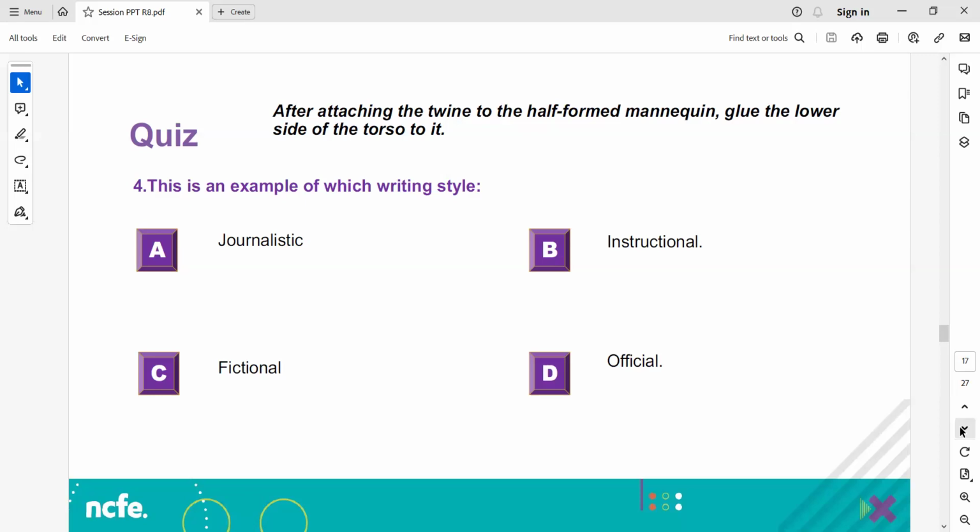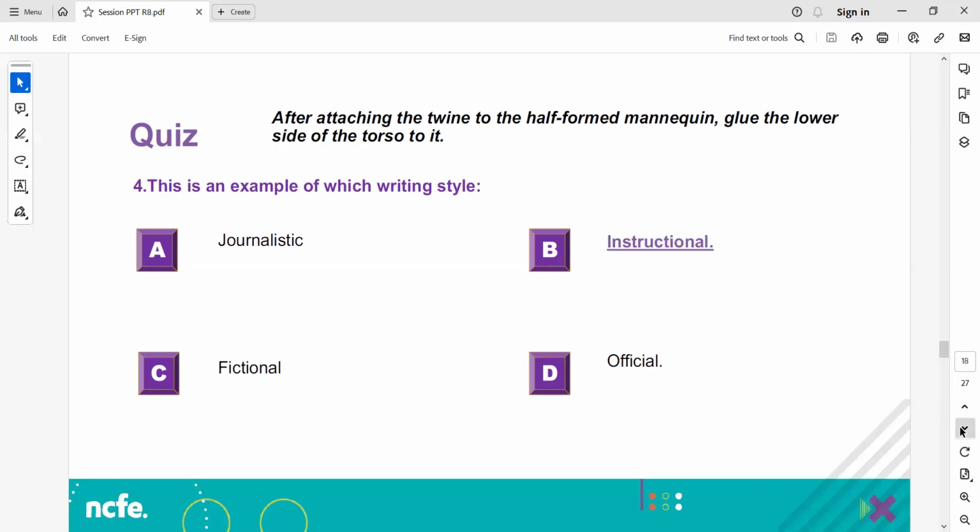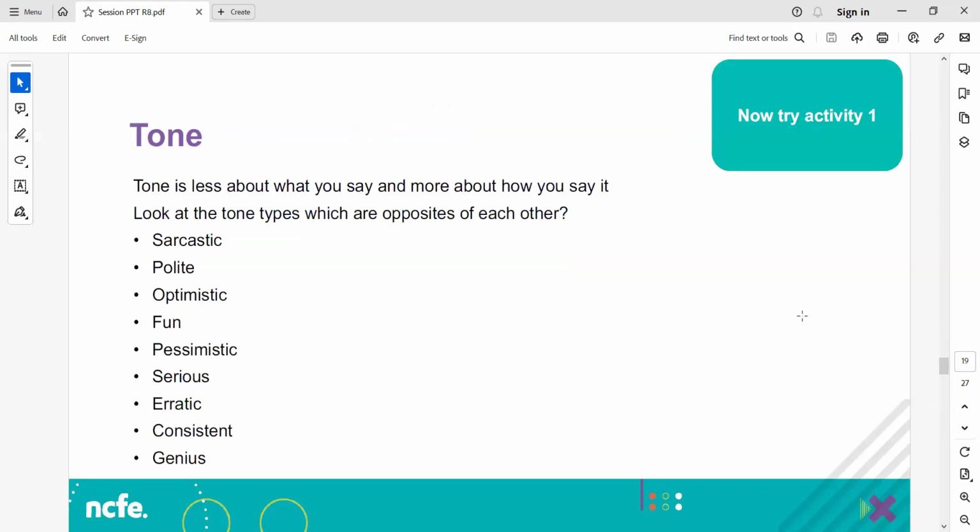Because it's giving directives. It's got those command verbs. We've only got one really, glue. It's not saying you could glue, it's saying you need to do it. Okay, good.